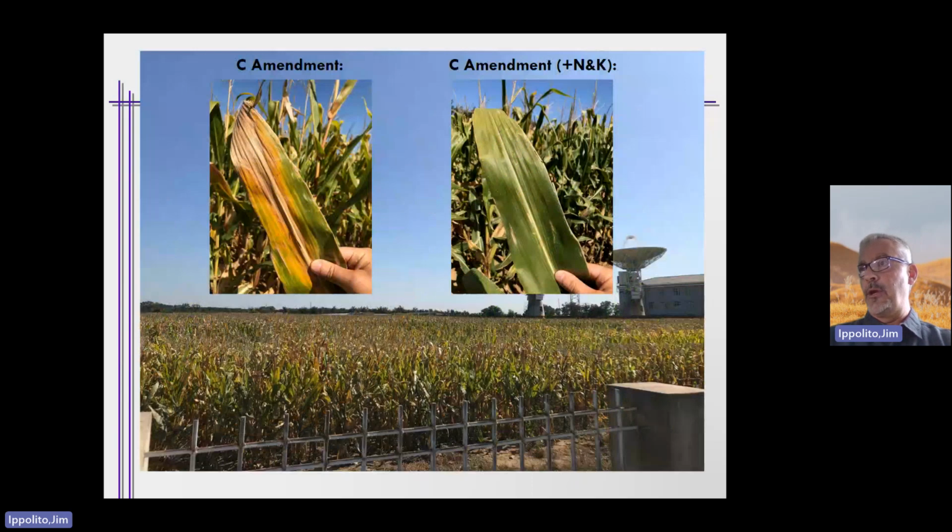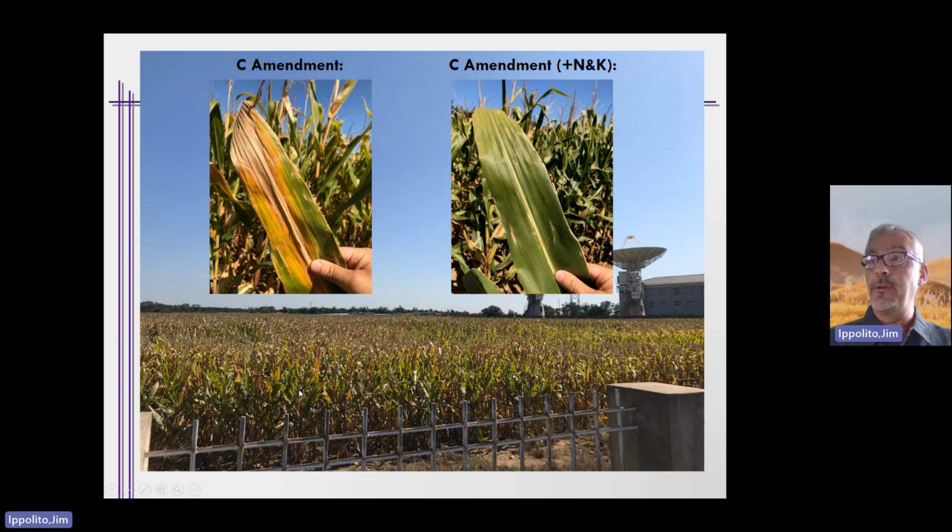Let's look at another picture. These pictures come from China. And this is another study that was similar to the study that I showed you on the previous slide. This was a study that used a carbon amendment with or without nitrogen and potassium, right? So this soil needed both nitrogen and potassium.